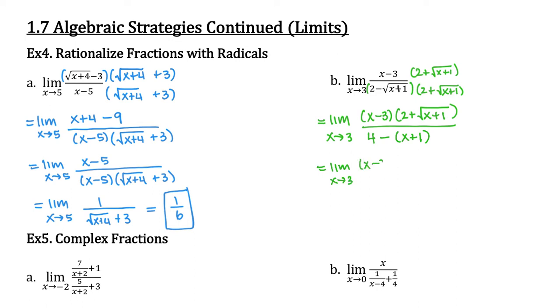The numerator's great, it's already factored. Now the denominator, if I distribute that, I get 4 minus x minus 1, which is going to be 4 minus 1 is 3, minus x. I'm going to take out the negative sign and then I'm going to cancel it.